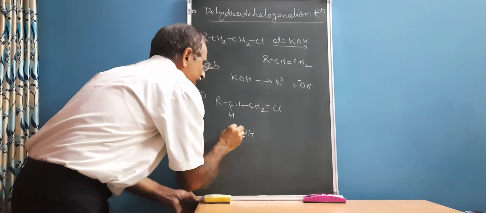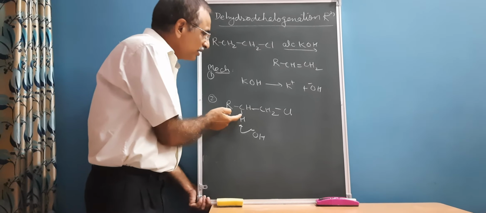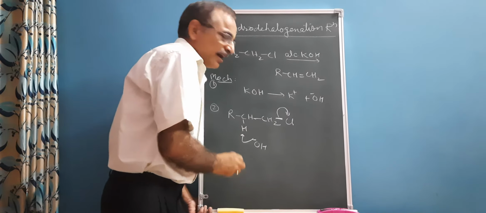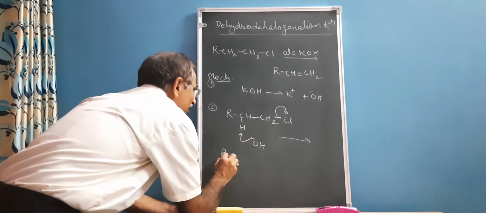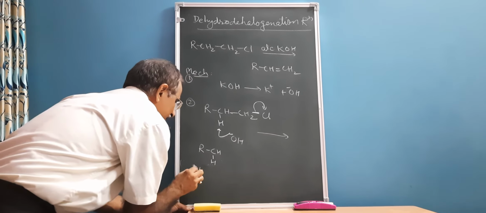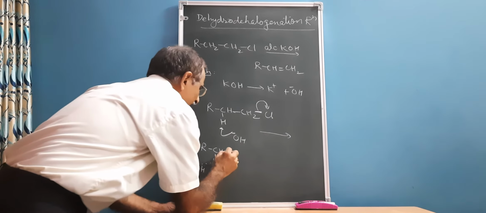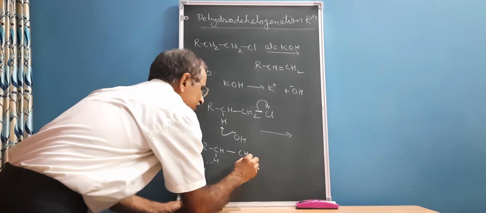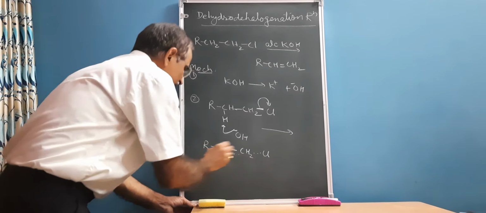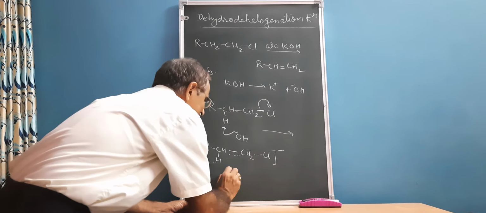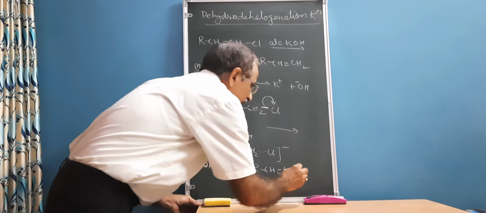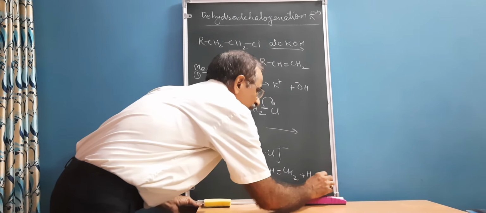As soon as this OH approaches the hydrogen of second carbon atom, the carbon-chlorine bond starts splitting, and that undergoes a transition state, where a bond between oxygen and hydrogen is going to be formed here, and again a new bond is going to be formed here, and the bond between carbon and chlorine is splitting, that results in formation of this alkene, and here water will be removed, and here Cl minus.